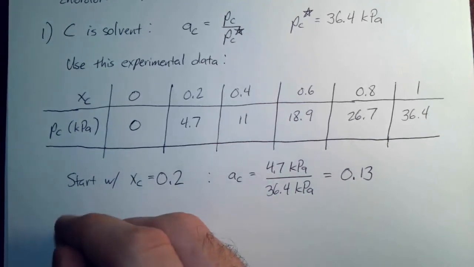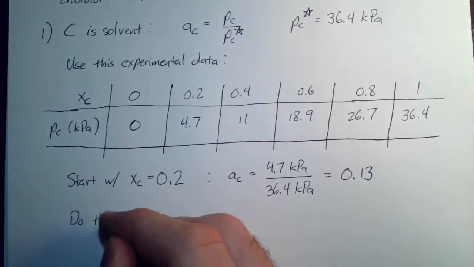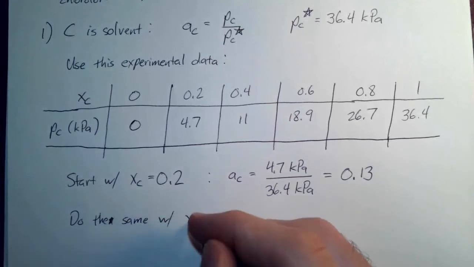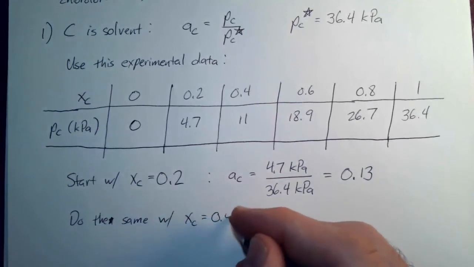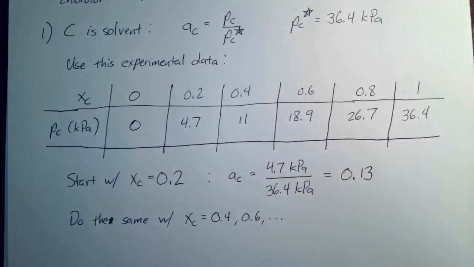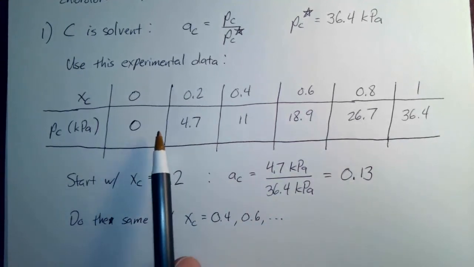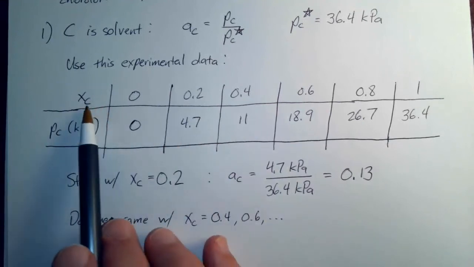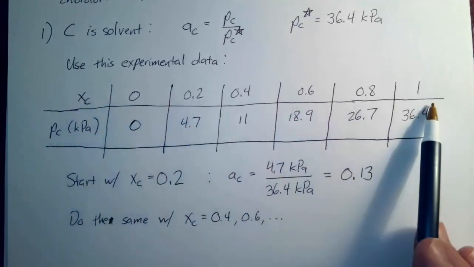And then we're going to do the same with XC equals 0.4, 0.6, and so on. We do the same thing with all the other mole fractions. And what we'll get is the activity as a function of the mole fraction.